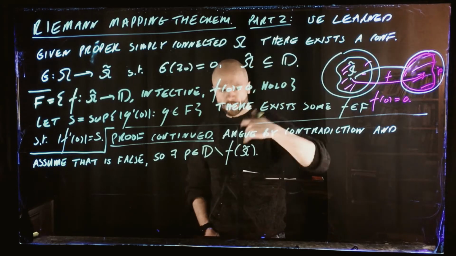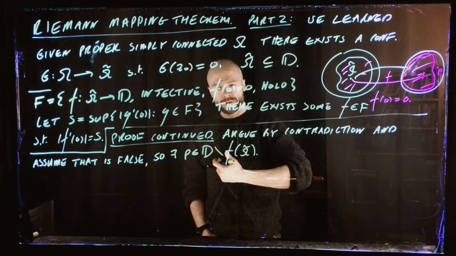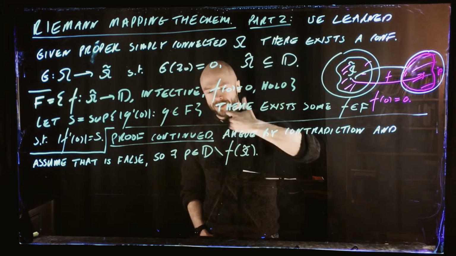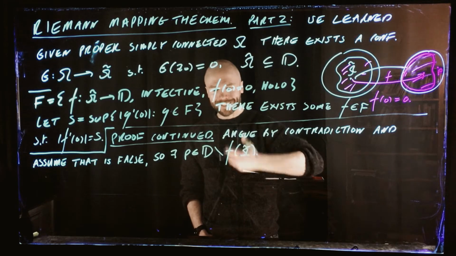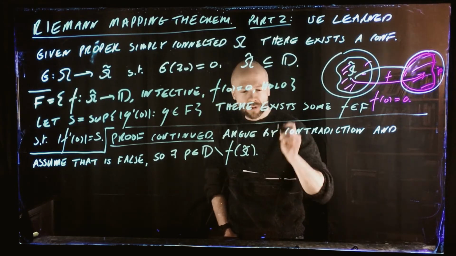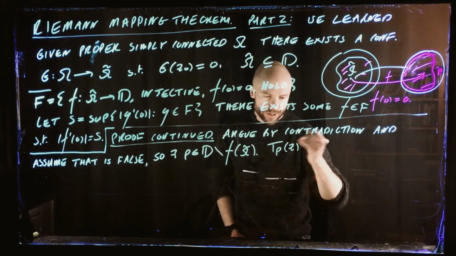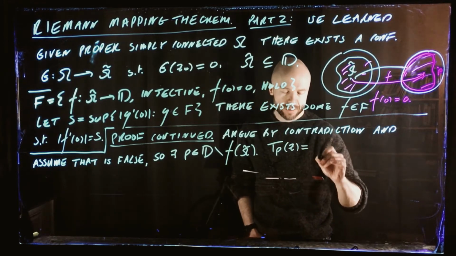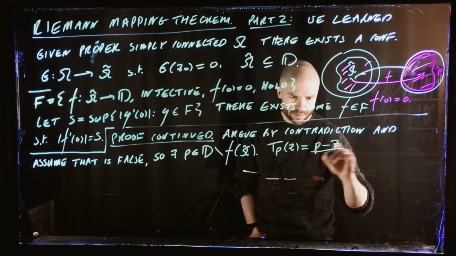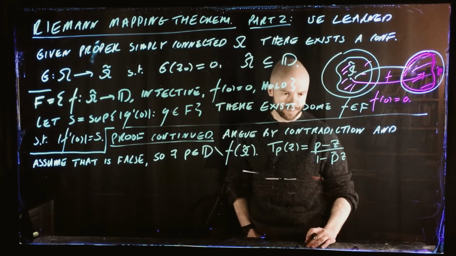Okay, so we're gonna create a sequence of maps that changes things around. So I can't find better words than that. So let's start with the following. We recall guys like this, these diffeomorphisms of the disk, which are like this: T_p of z equals p minus z over 1 minus p-bar z.